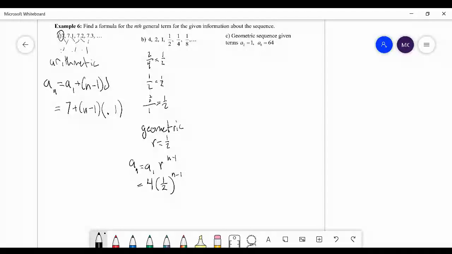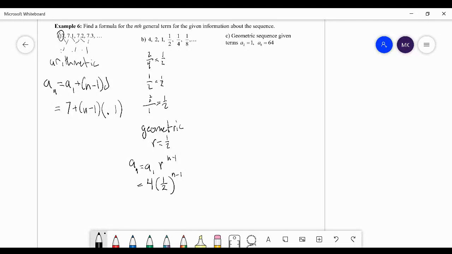But what about here? Here I'm told we're dealing with a geometric sequence, but I'm not given either the first term or r. I'm given these other two terms. What we could do is very similar to what we did with an exponential function. Remember, we have these tools to deal with exponential functions, and we have this general formula.